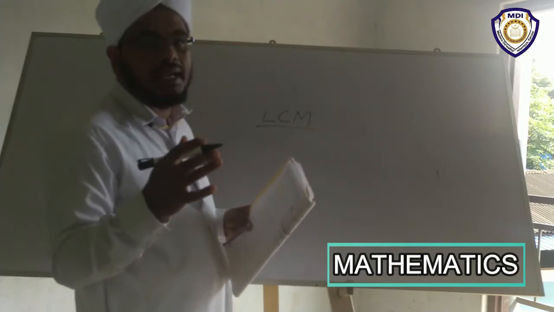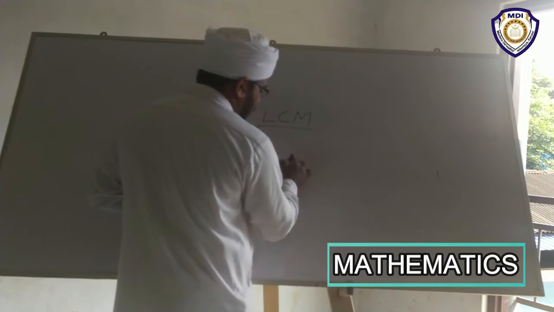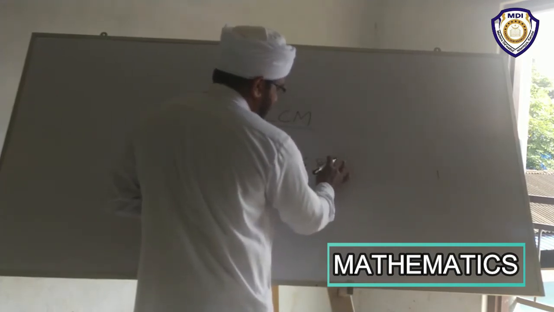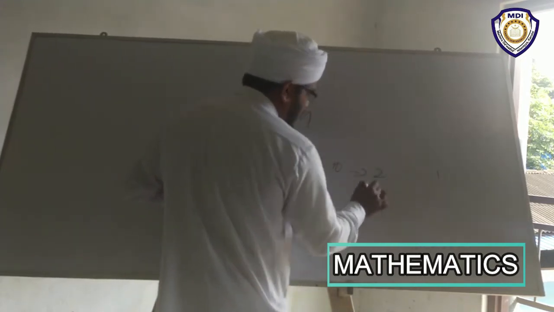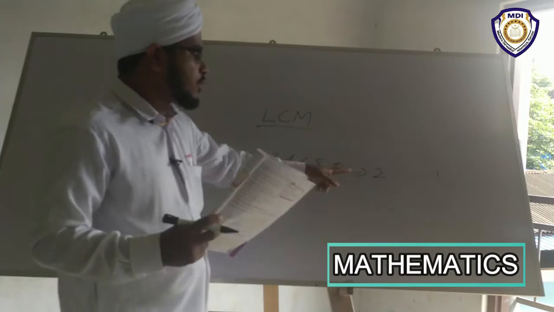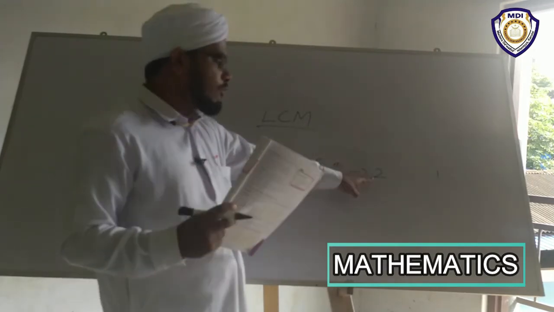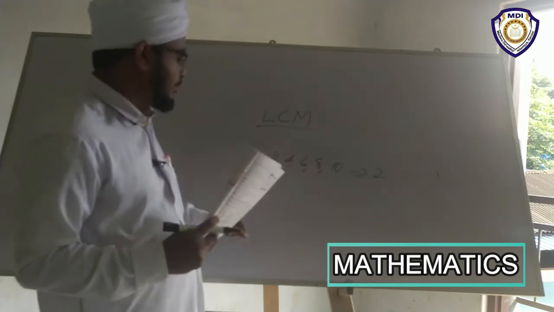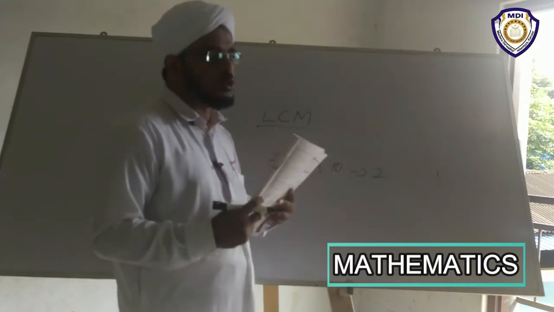We have studied the multiple. What is a multiple? 2, 4, 6, 8, 10. These are the multiples of 2. How can we say? 4 can be divided by 2, then 4 is a multiple of 2. 2 is a multiple of 2. 8 is a multiple of 2.